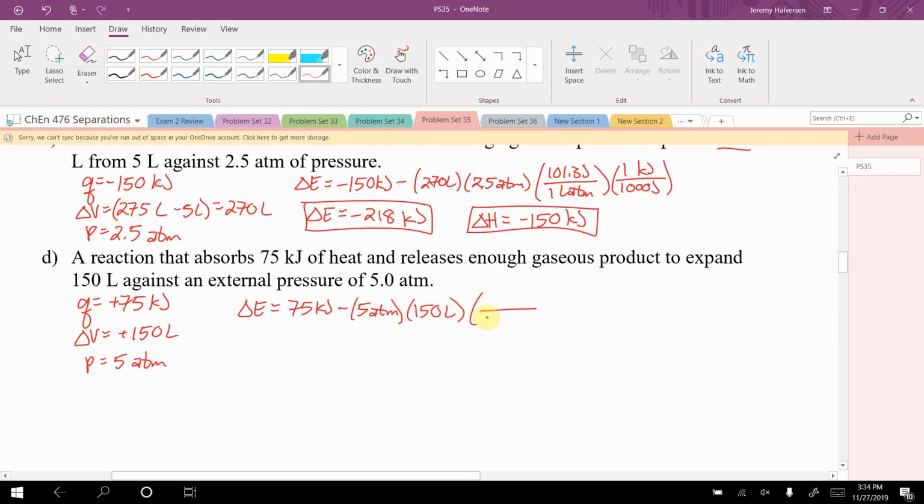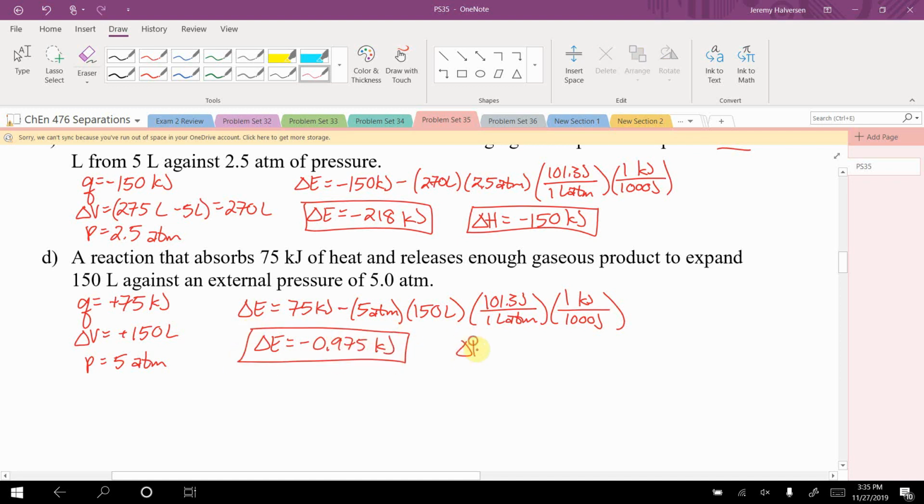Convert that. Okay. And I get delta E equals negative 0.975 kilojoules.